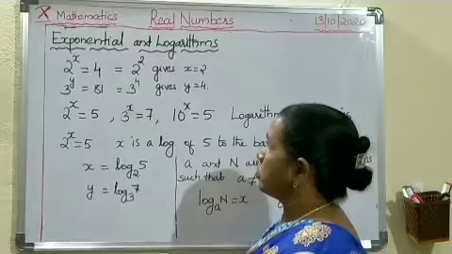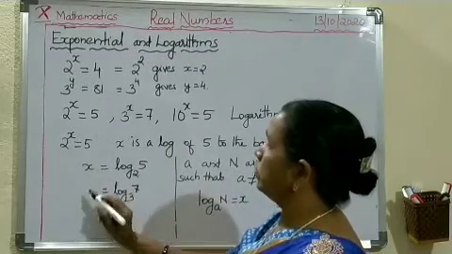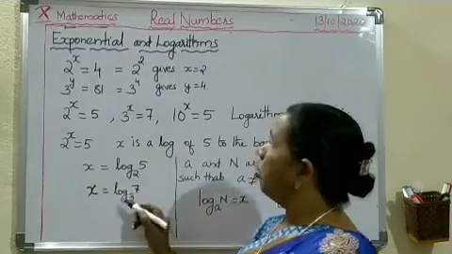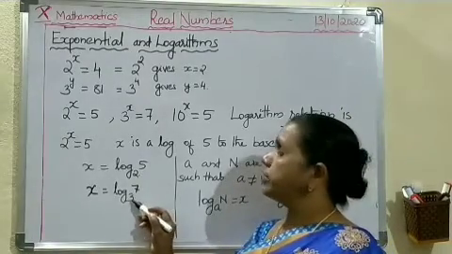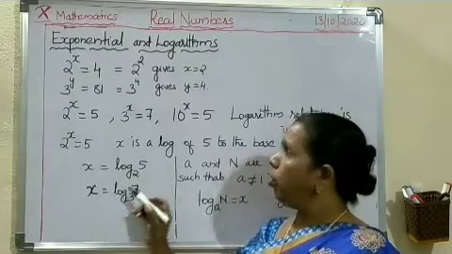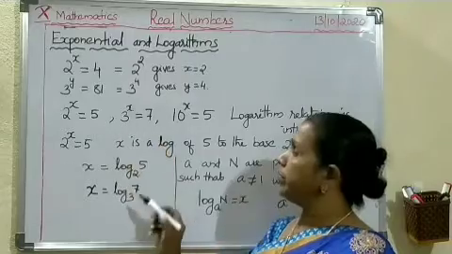Similarly, here also, in this case, x is equal to log 7 to the base 3. x is equal to log 7 to the base 3.